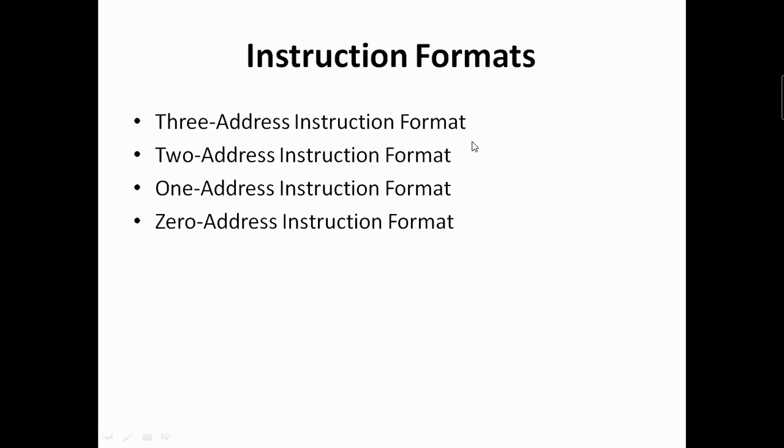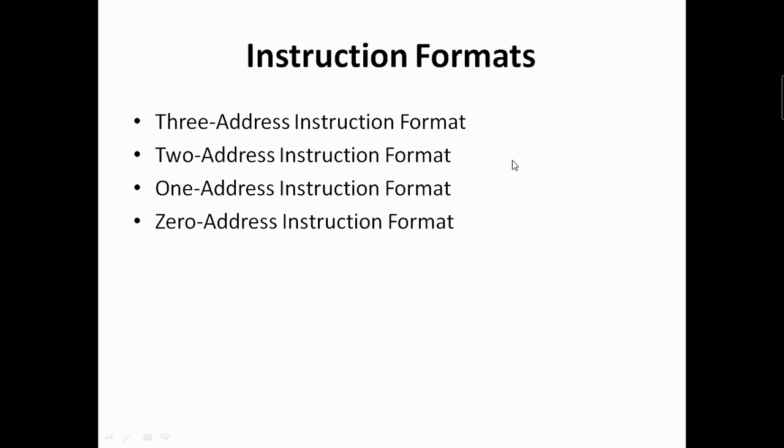So it will be of these categories, the format of an instruction, and the addresses that are there may be of certain memory location, or they may represent certain registers also.